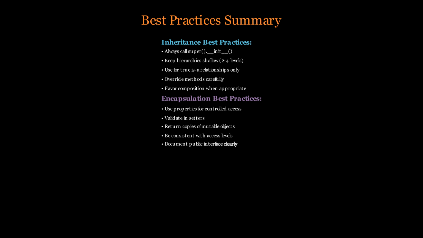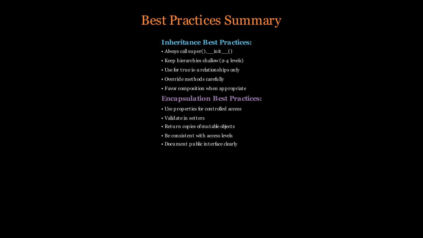Let's summarize the best practices for using inheritance and encapsulation effectively. For inheritance, always call super().__init__() to initialize parent classes, keep hierarchies shallow to maintain clarity, and use inheritance only for true is-a relationships. Override methods carefully, ensuring child behavior makes sense.